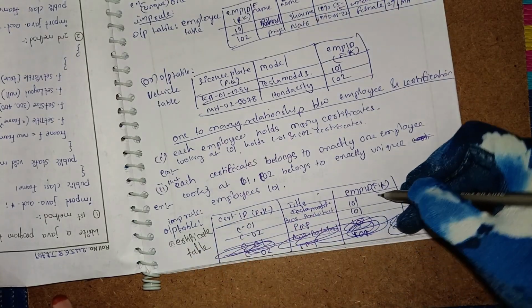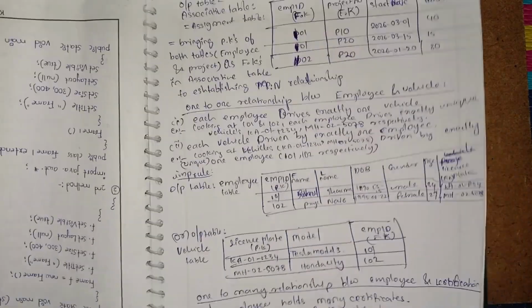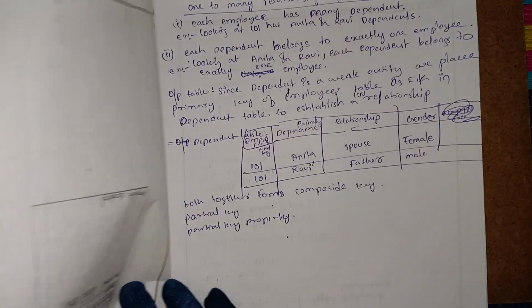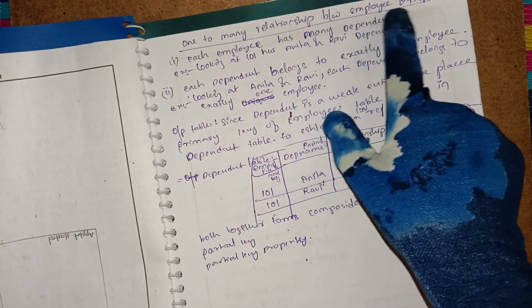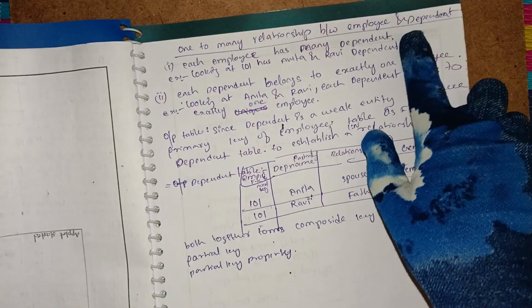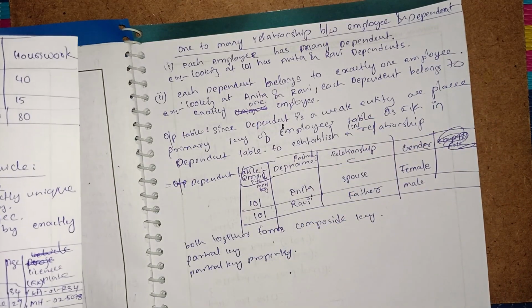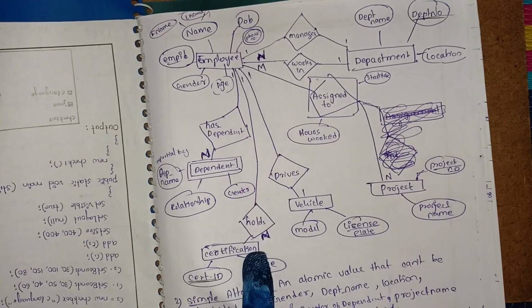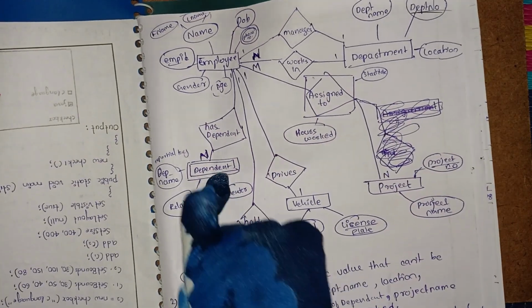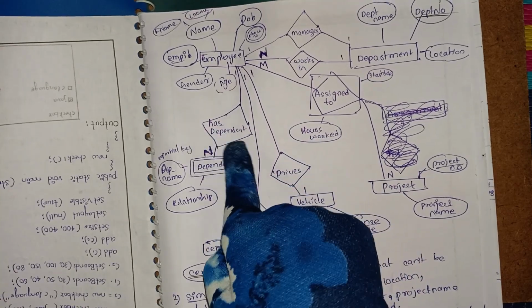Okay, employee ID is placed as a foreign key. Then one to many relationship between employee and dependent. Here employee is there and dependent is there. Okay, one to many relationship is has dependent.